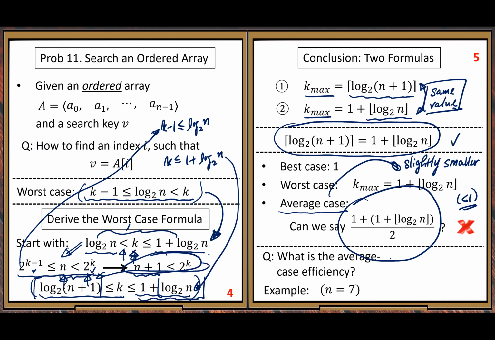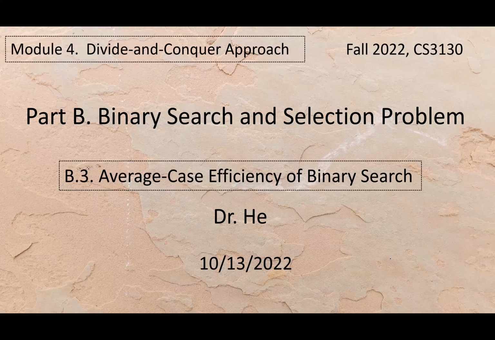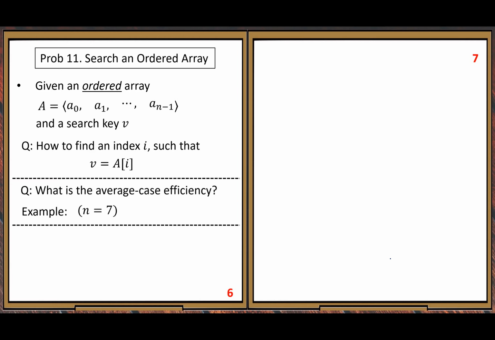Let me see how much time I have. A few minutes. Let me see if I can explain that average case. Here, let us do n equals 7, just a simple example. Let us calculate the average case.